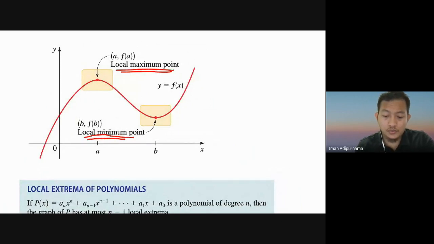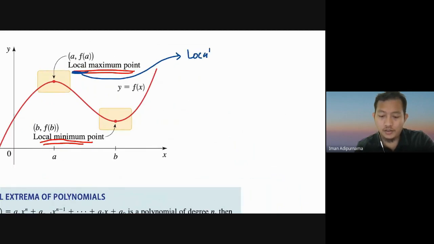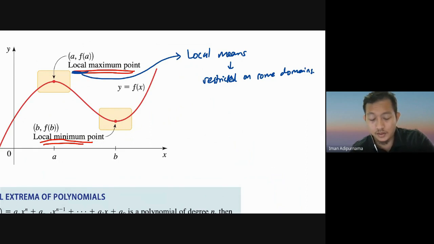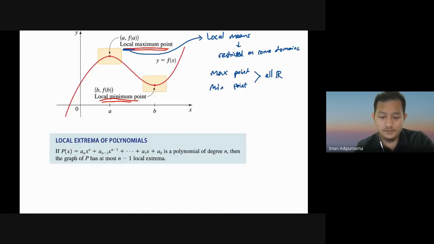The reason we use "local" here is to confirm that local means restricted on some domain. We can say just maximum or minimum point on all real numbers.